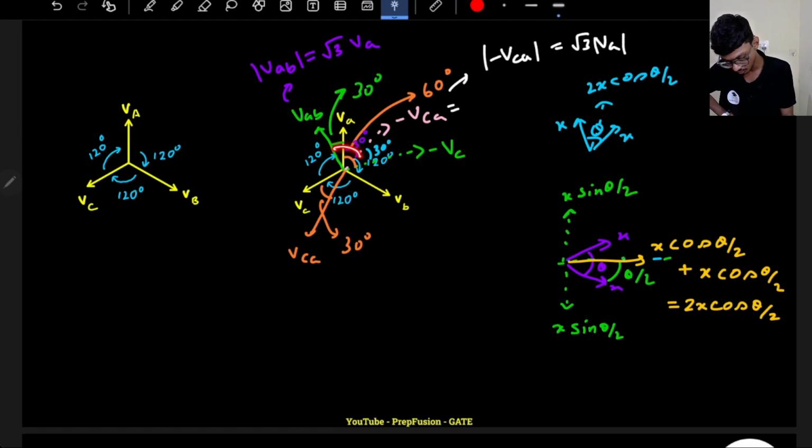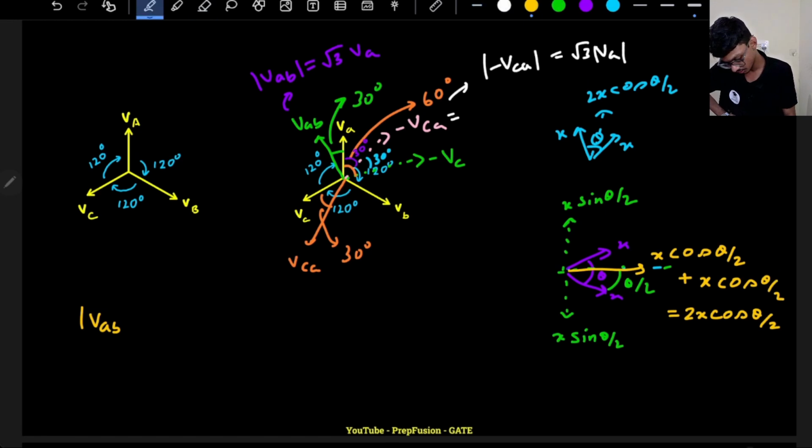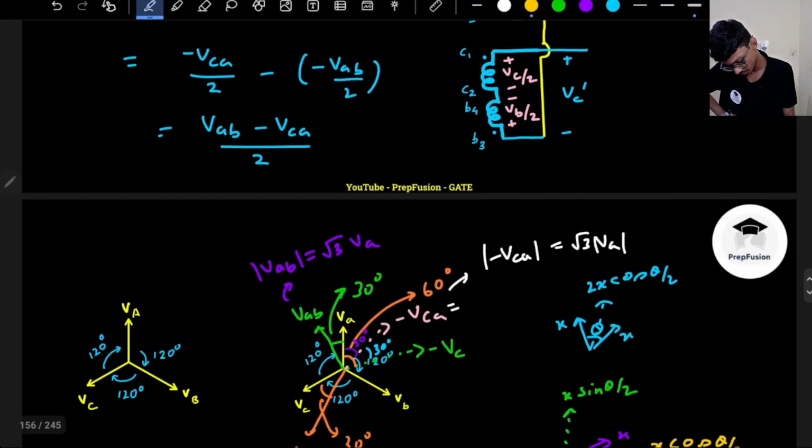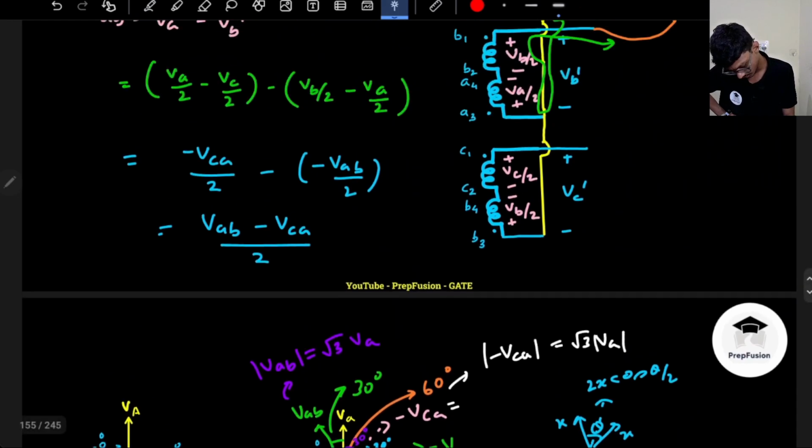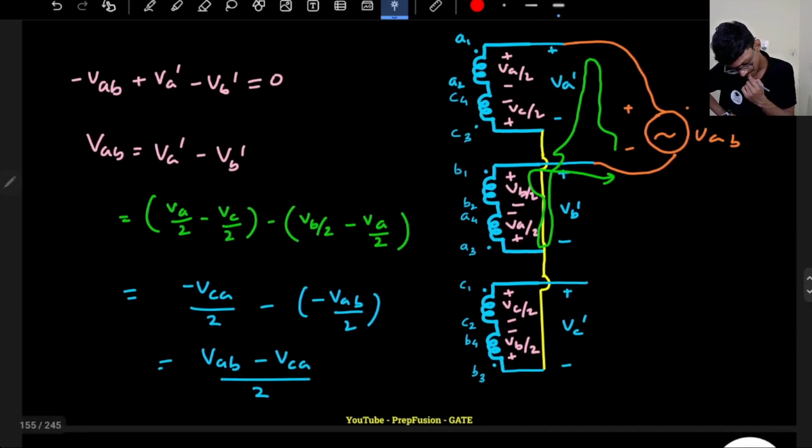Because this is overall 60, this is 30, this is 30, obviously it will come in the middle. So that component will be parallel with VA. So the magnitude of V small ab, not ab, sorry, okay, I should have written here VAB dash.